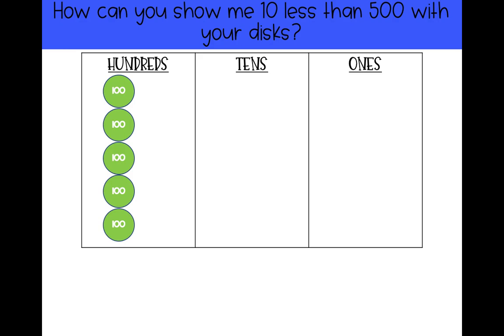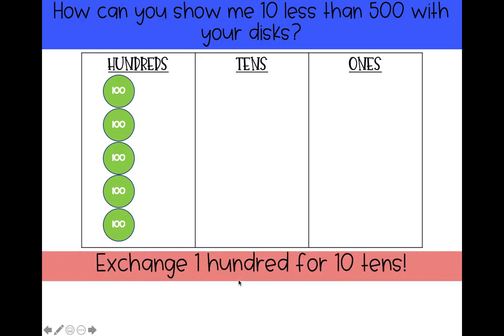How can you show me 10 less than 500 with your discs? If you notice, we have 500s, 0 tens, and 0 ones. So can you think of a way to show 10 less? We'll need to exchange 100 for 10 tens.